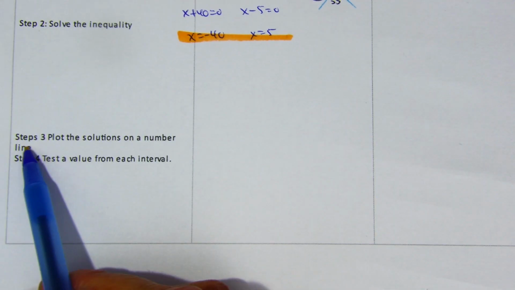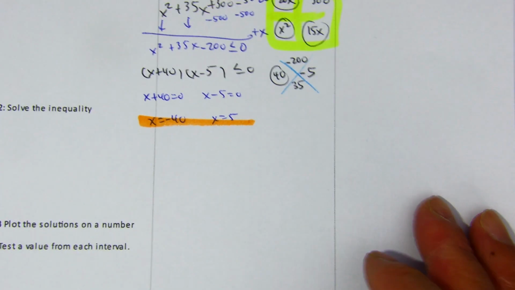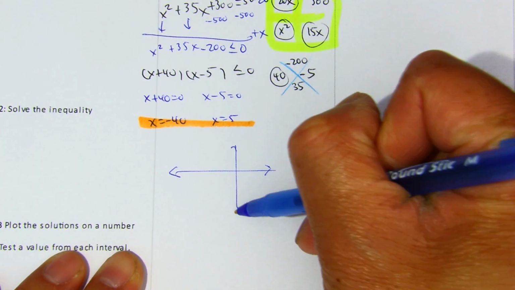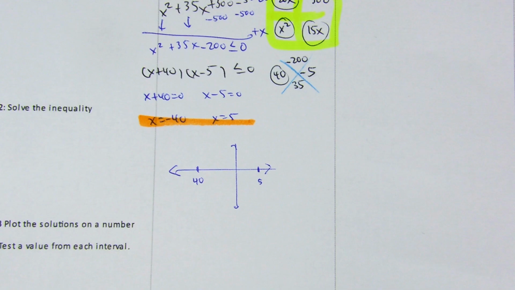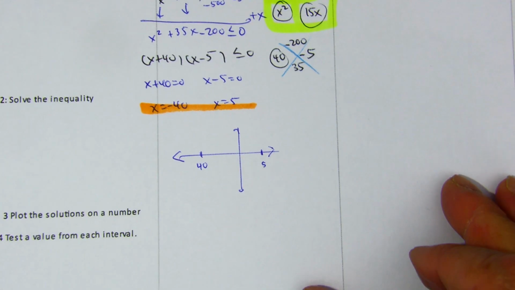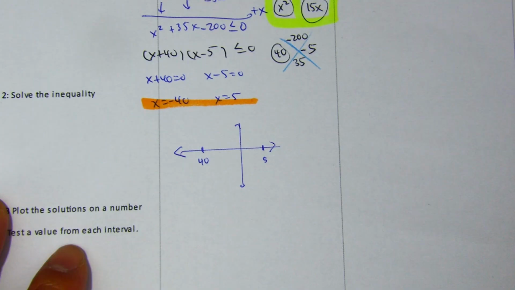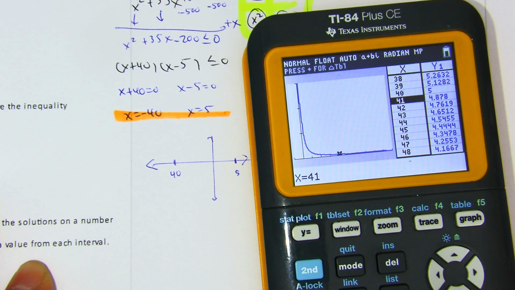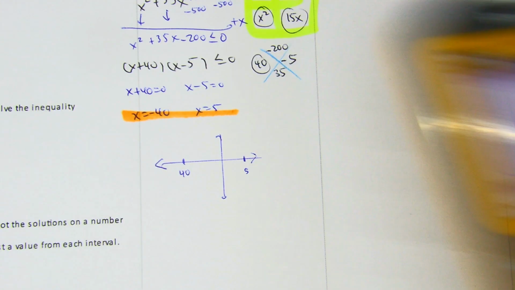Step number 3, plot the solutions on a number line. So let's go ahead and do that. Here is 5, and here is 40. And so now we want to test the inequality. We want to know where it's true and false. You can type this into your calculator to speed up the process. Remember, from last week's lesson, we picked 3 regions, which was purple, yellow, and green.